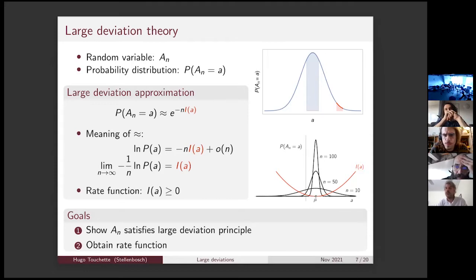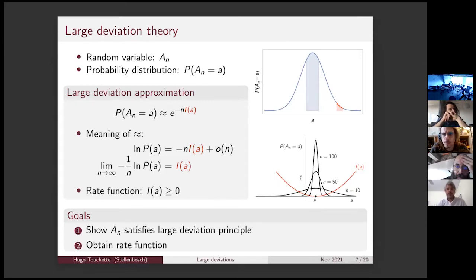And this is the emergent determinism. But the shape of the rate function itself will tell you how fast the distribution will go down to 0, and it will tell you also whether the distribution is skewed, and so on. I'll show you some examples later on where the rate function is not necessarily a simple parabola like here, but this is the idea.